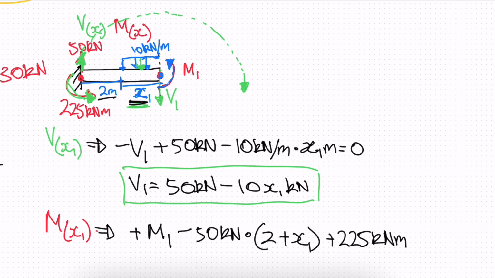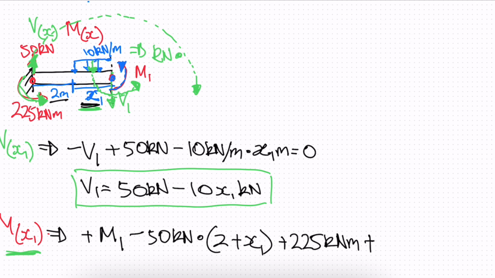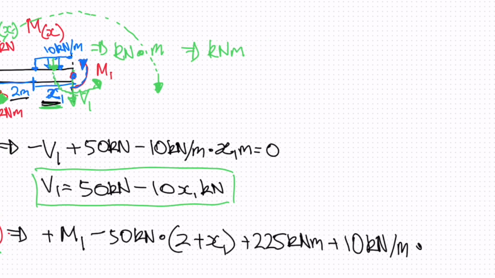And finally, we have our 10 kilonewtons per meter acting in this direction. We need to remember to convert this into a point load, into kilonewtons, and because we're dealing with moments, we need to multiply it by distance, by meters again. So we need kilonewton meters. The distance that we're working with is x1. So it'll be plus 10 kilonewton per meter multiplied by x1.